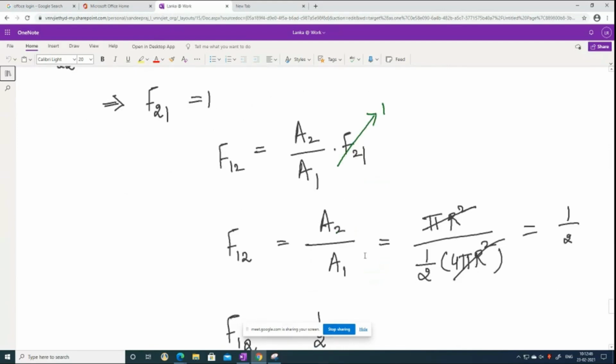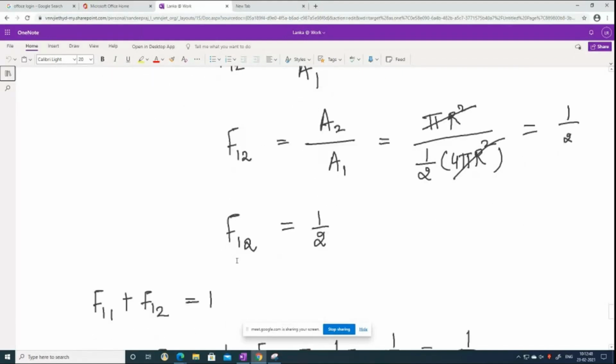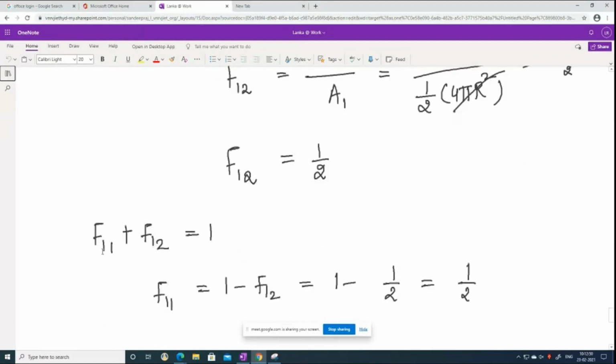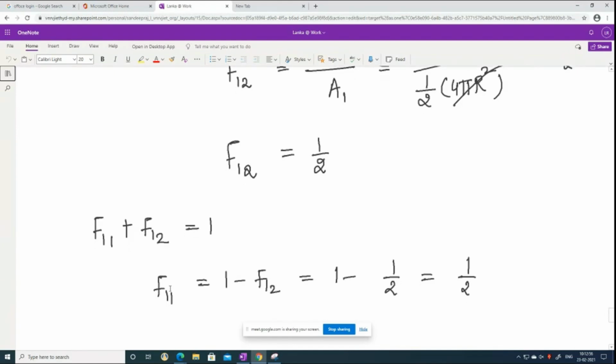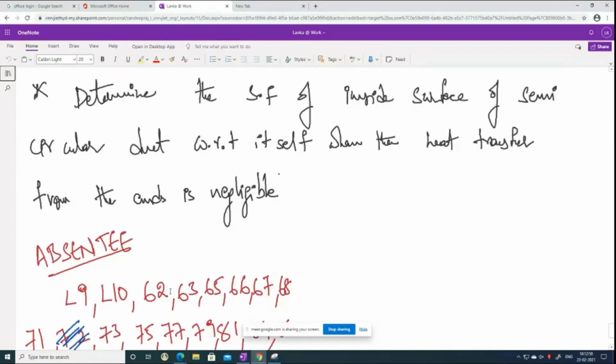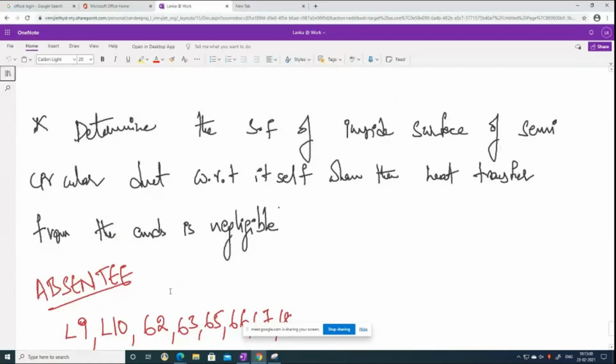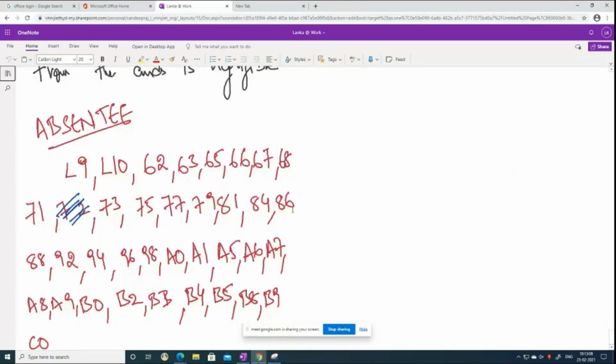From the areas, you will get that F12 is equal to 1 by 2. So if you take the sum F11 plus F12 is equal to 1, you will get that F11 is equal to 1 by 2. So this is what we have solved in the last class, and I have left this question for you. Determine the shape factor of the inside surface of a semicircular duct with respect to itself when the heat transfer from the ends is negligible. So let's solve this now.